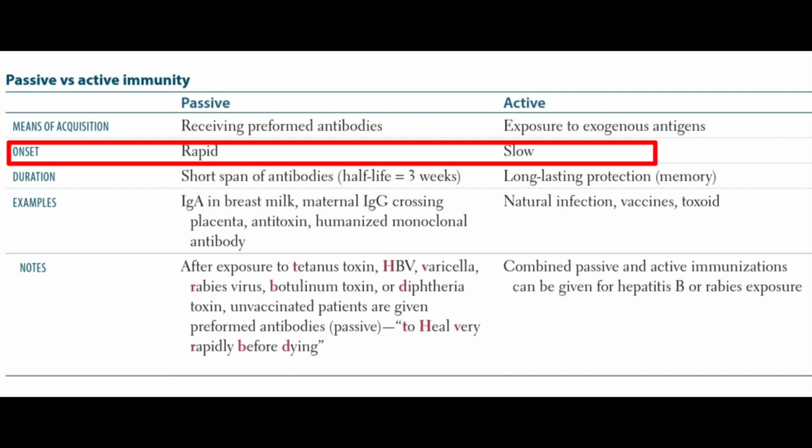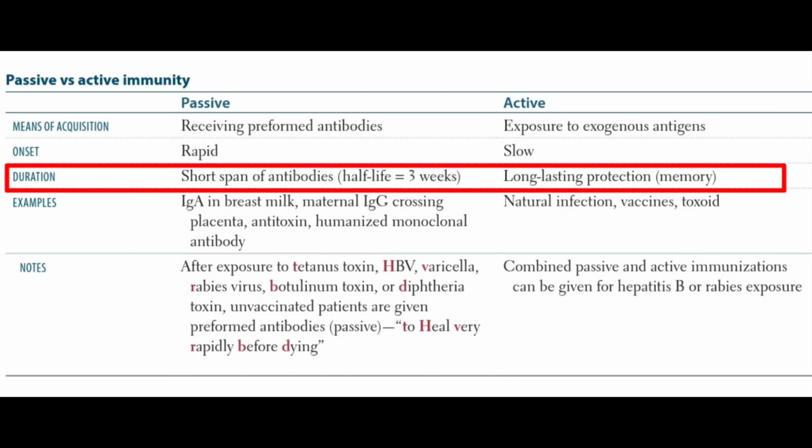Whereas in active immunity, after exposure to the antigen, it takes quite some time for our body to make antibodies against that antigen. So the onset of action of active immunity is slower than passive immunity.